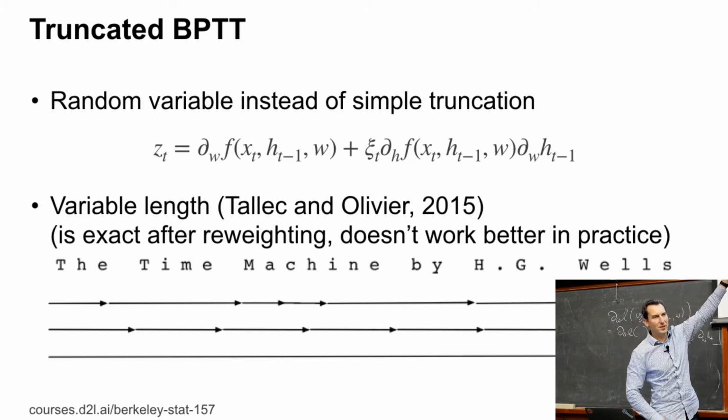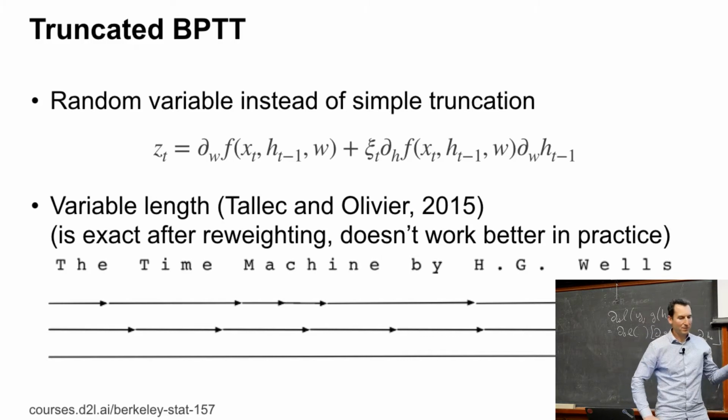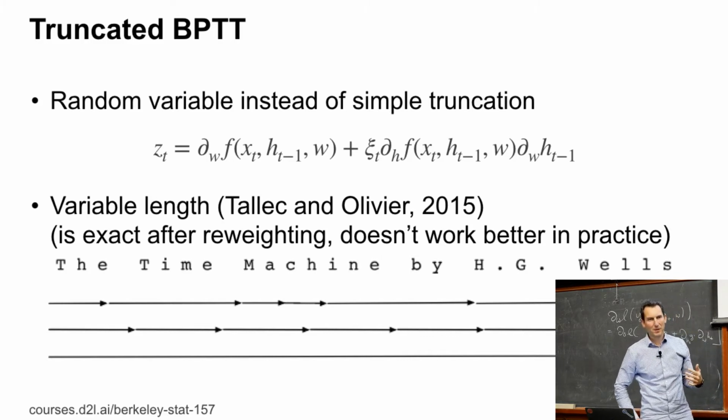And if it's non-zero, then it will continue, and then I need to continue that chain. So that's what you get with that top line. And if I make it so that psi t has an expectation of 1, it just takes on value 0 and then 1 over 1 minus p, then you get an unbiased estimate of the gradient.